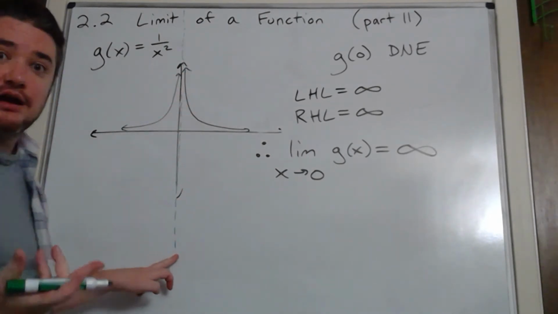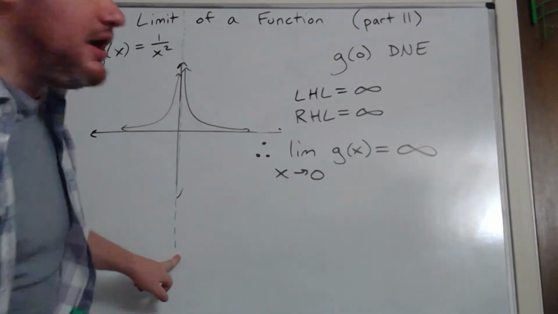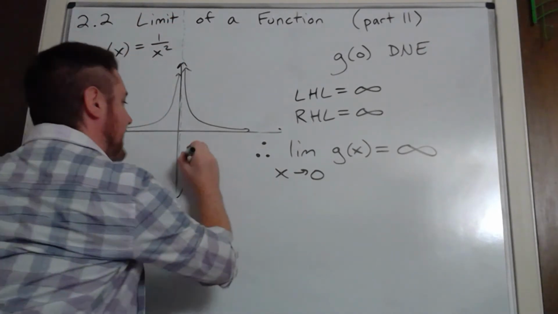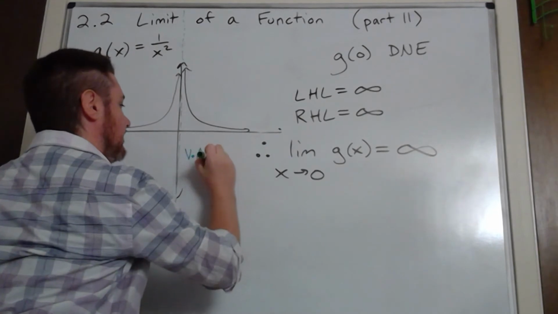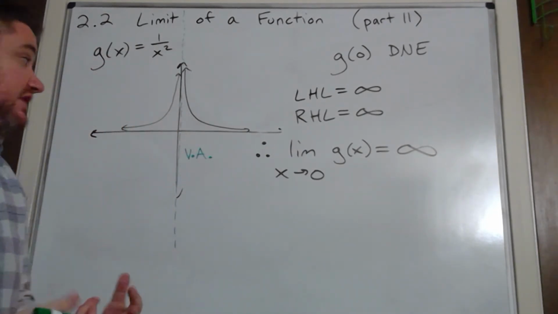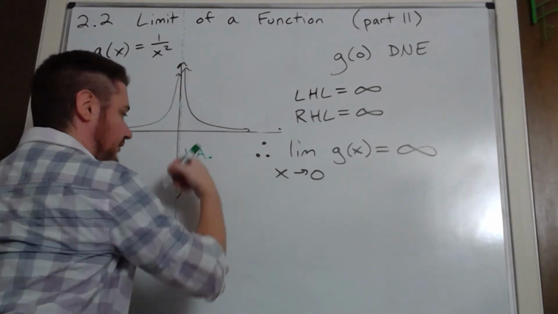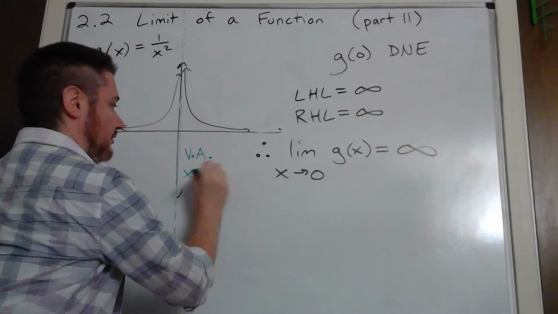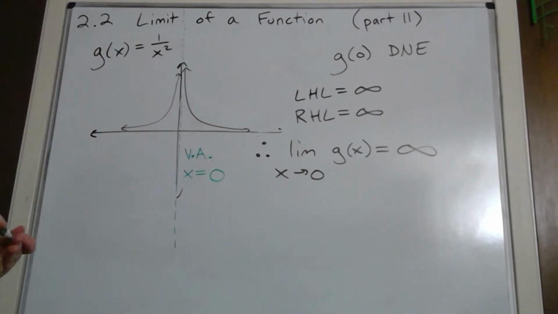I'm using green as opposed to black, if that's clear. That is not part of the graph, but we can call it a vertical asymptote. Something like VA to mean a vertical asymptote is sort of a straight line that the graph is approaching. And the equation of that line would be, vertical lines would be x equals whatever value that's passing through. All right.